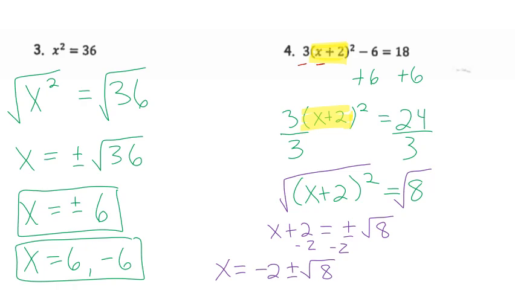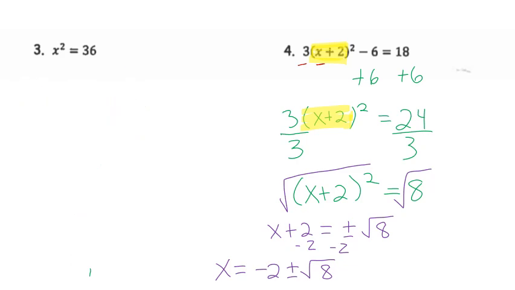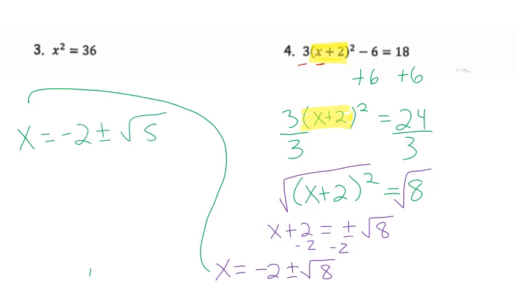But what we're going to see in our last piece is that we can't leave our answer as just the square root of 8, right? We have to simplify that out. So if I go ahead and simplify this, and I'm going to erase this here so I can have a little room. I have negative 2 plus or minus the square root of 8.